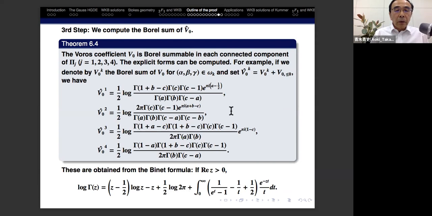And finally, we compute the Borel sum of the Voros coefficients for each parameter region. And combining the additional term, we obtain such expressions of the Borel sums.